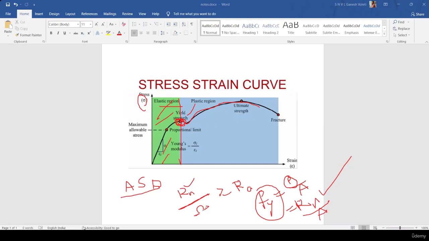So 1 divided by a value more than 1 gives you 0 point something, which will be less than 1. So the allowable stress will be within the elastic region, right?